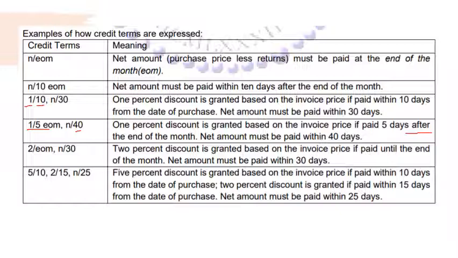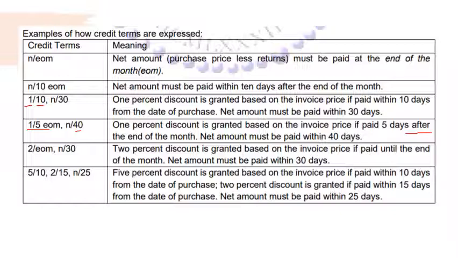So let's go back to our previous example on the end of the month. Again, our end of the month for September is September 30. So 5 days after September 30 is October 5. You will get a 1% discount if you pay until 5 days after September 30, or October 5.